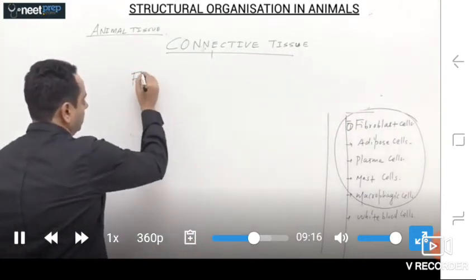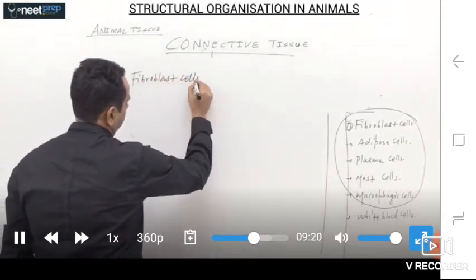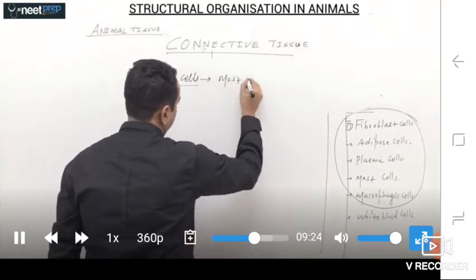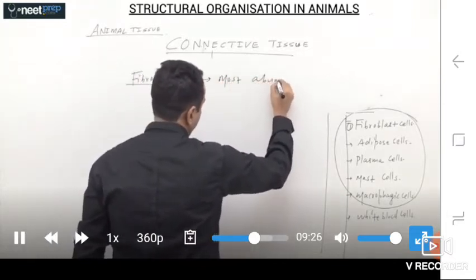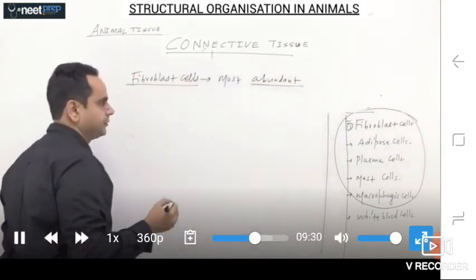Fibroblast cells are the most abundant cells of the connective tissue.